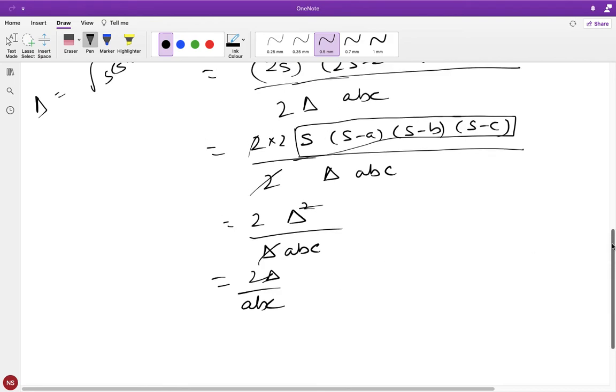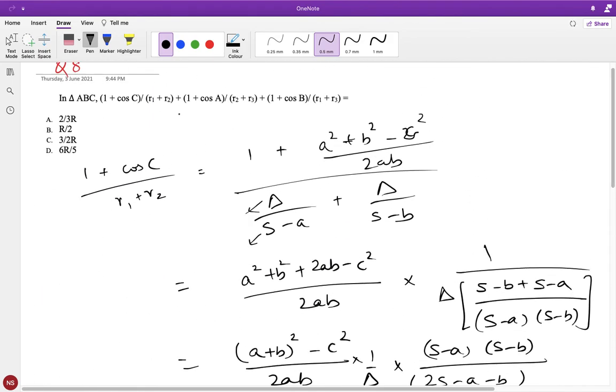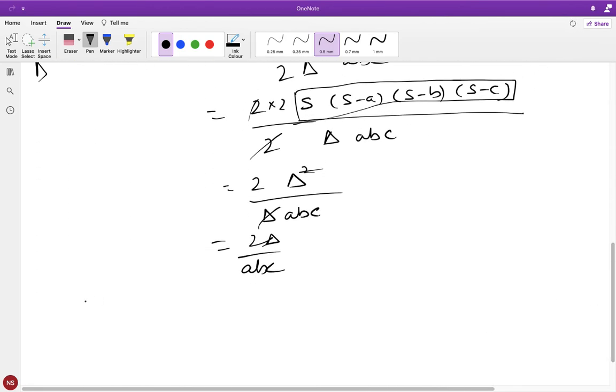Now because of symmetry, this term will also be 2 delta by abc, and this will also be 2 delta by abc. We don't need to waste our time. If you want to check, you can check, but this will be the same. So the end result is 6 delta by abc when you add this term 3 times. Now we know that capital R is abc by 4 delta.